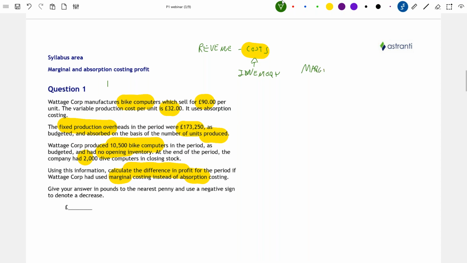Well, under marginal costing, we only look at the variable costs of producing each individual unit, and then we subtract the fixed production overheads as a period cost. Meanwhile, under absorption costing, we go a bit further and we actually include the fixed production overheads.